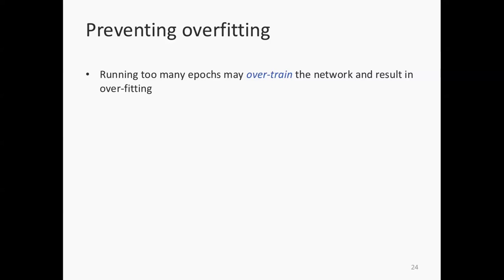And then in neural networks, we have this ability to construct incredibly complex functions. So if you have a large enough model and you run it for long enough, there's a good chance you will overfit. And that's obviously a bad thing.